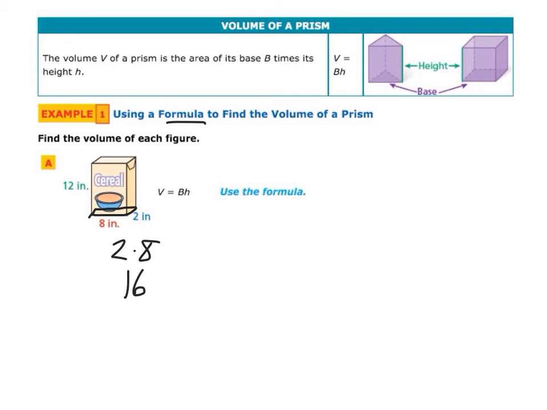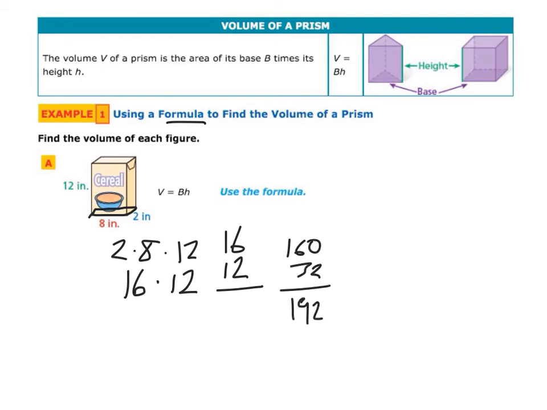We have to multiply that times the height. So we would multiply 2 times 8 times 12, which is 16 times 12, which is 160 plus 32, or 192. So the volume of this cereal box would be 192 cubic inches.